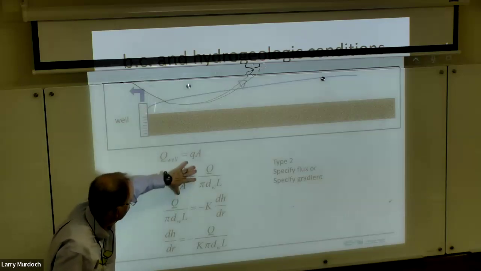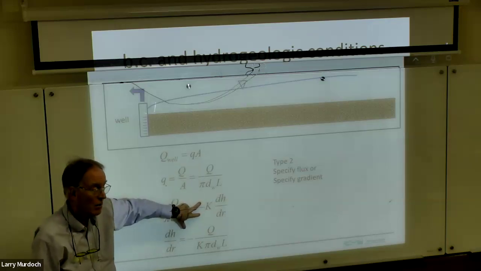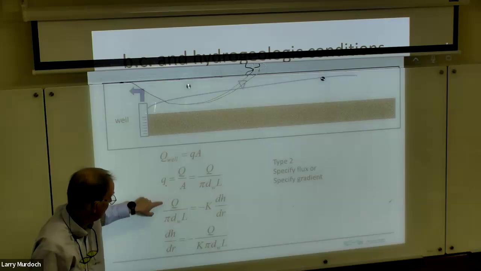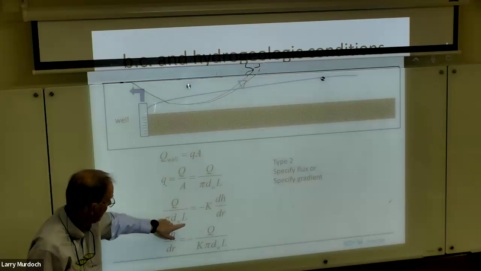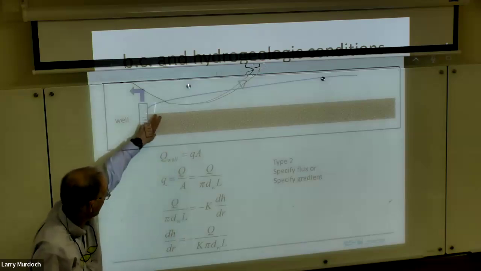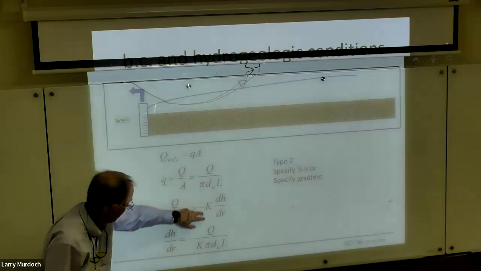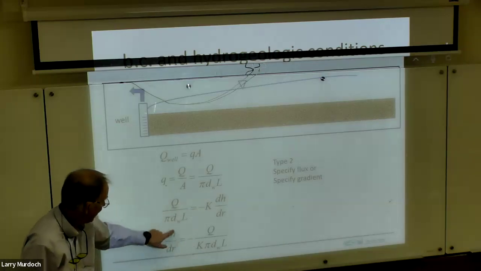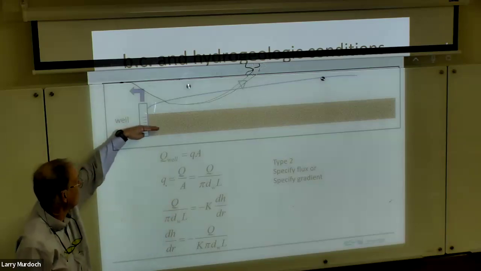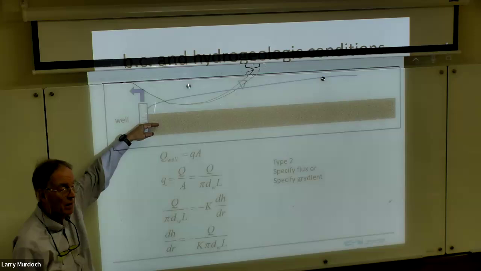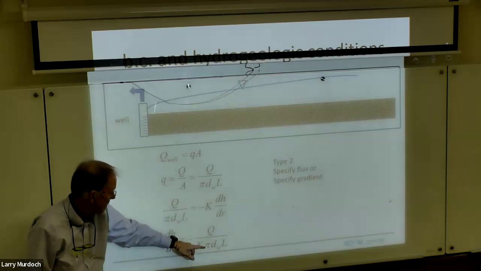So that's the flux. We can also then set that equal to Darcy's law. So this stuff that we would know, the pumping rate, the well diameter, the length here, we set that equal to Darcy's law. Bring the conductivity over here, and that gives us the gradient of the hydraulic head here at the well. Okay, so the gradient is equal to this stuff.